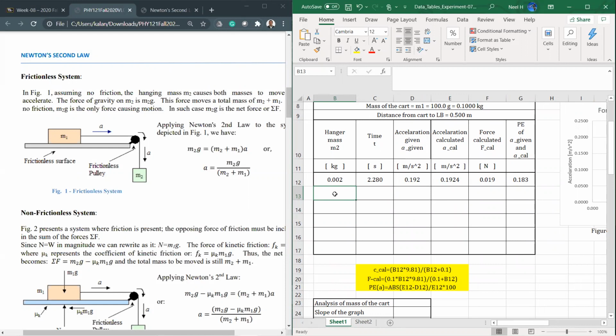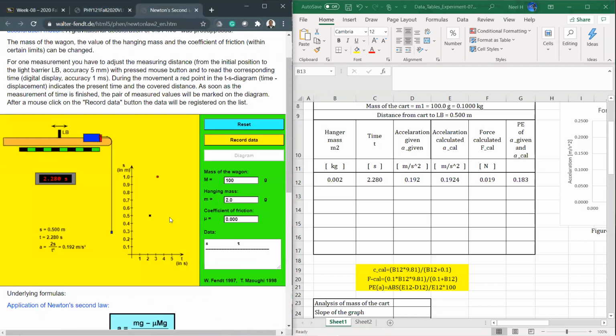Okay, then let's continue. All we have to do is increase the mass of M2. You have to reset first, before you do anything. Click the reset button on the top and change the hanger mass. That's the only one we need to change. Everything else you can keep as it is. Set the hanger mass to 4 grams, click the start button, and let it run.